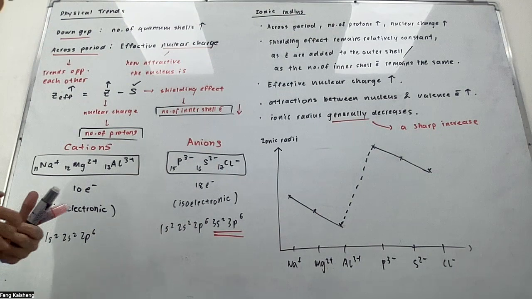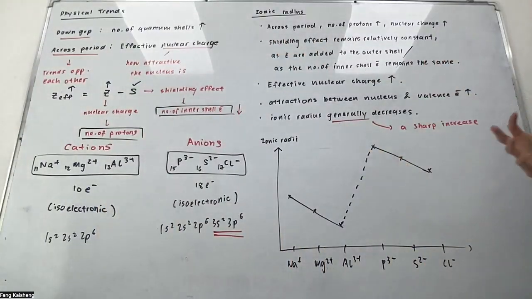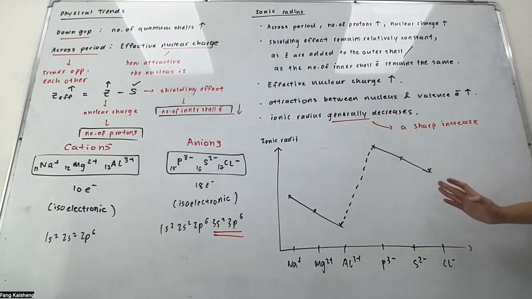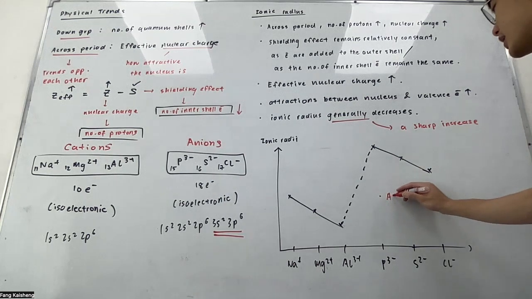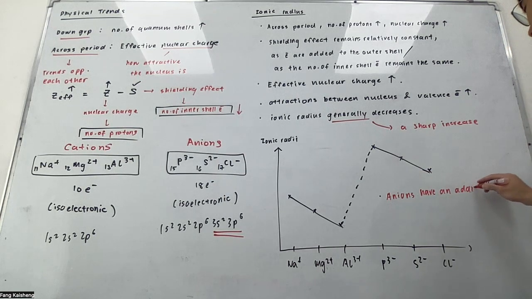Okay? So yeah, guys, this explains the word generally. Generally means, yes, you can still see they are going downwards, but then there's just one sharp increase. Our job is to explain why is there this sharp increase. Okay, so for your final mark in your question, right, you must tell me why. And it's very simple, because you can just explain it to me like what we have explained so far. The anions have an additional or an extra quantum shell.